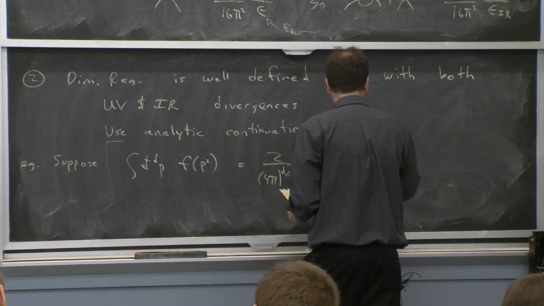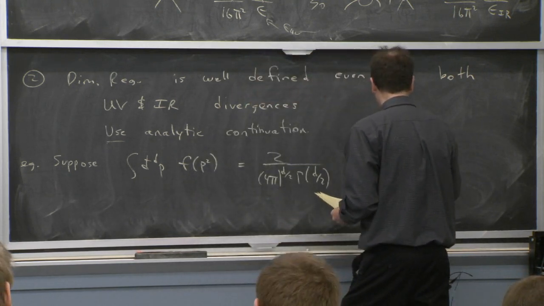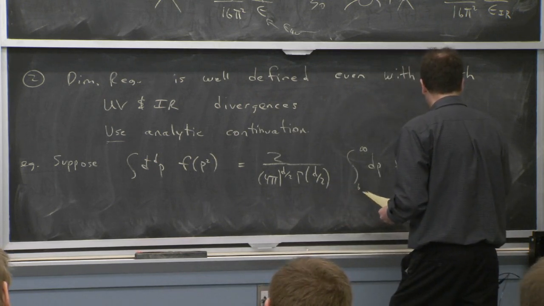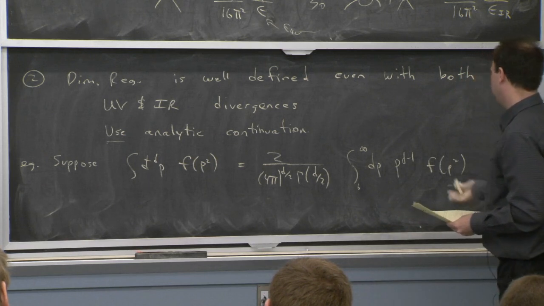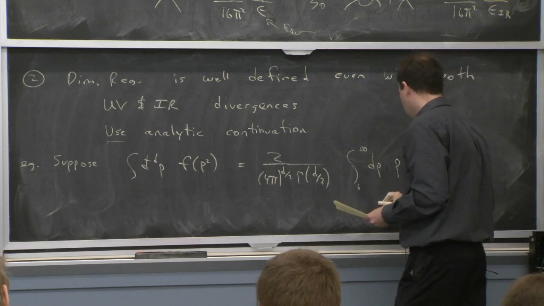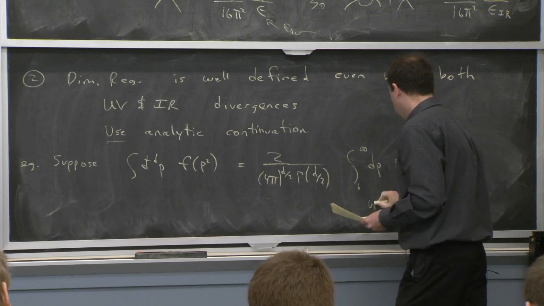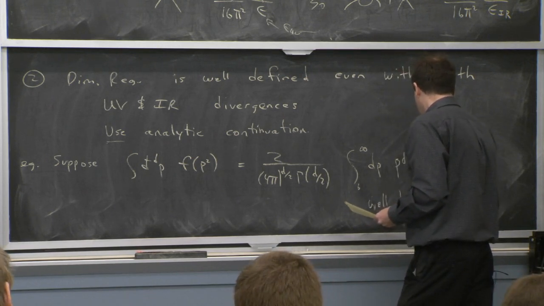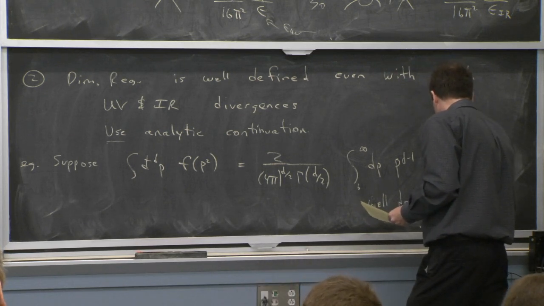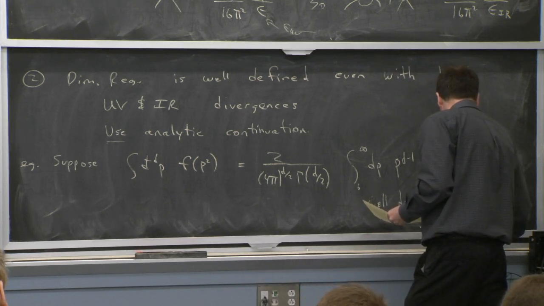So let me again write it in a way where I've separated out the radial integral. And let's suppose that this integral here is perfectly well defined for d in some range. So this is well defined for some range of positive d.